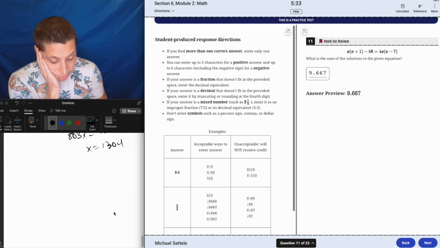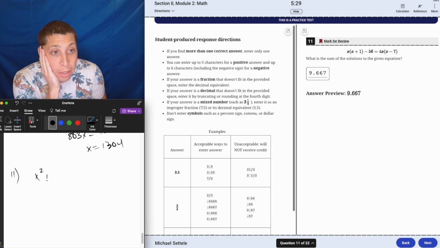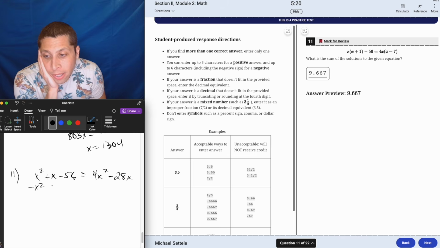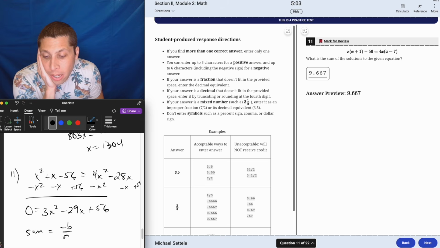Let me show you a different way to do this. If we wanted to do the algebra, we would get x squared plus x minus 56 is equal to 4x squared minus 28x. Subtract, subtract, subtract, subtract, add. 0 equals 3x squared minus 29x plus 56, and the sum of the solutions is -b over a.